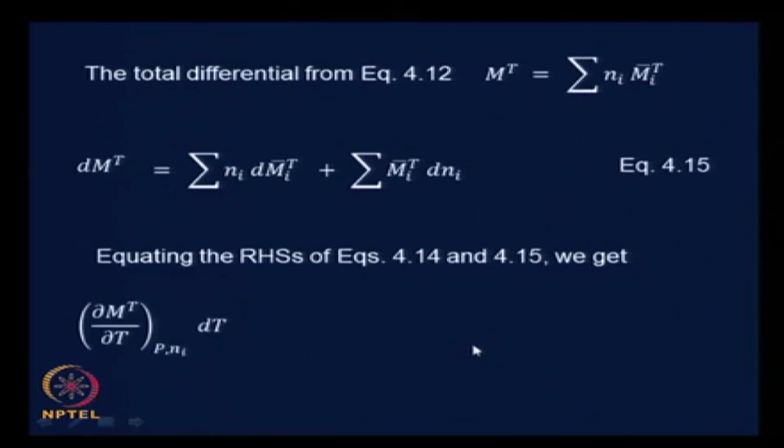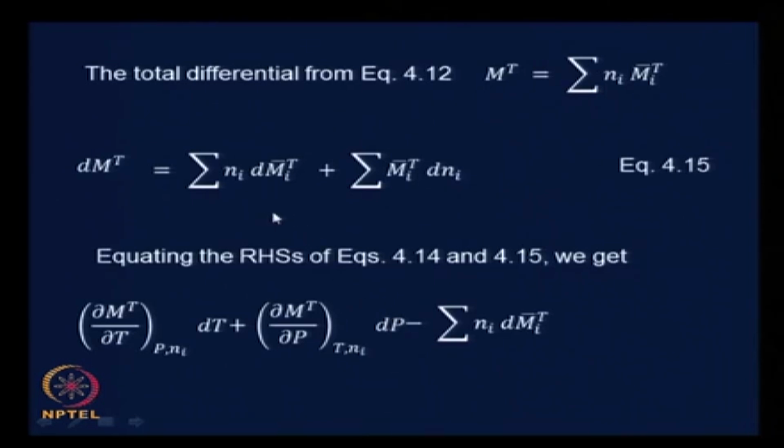You should have gotten ∂Mt/∂T at constant P, Nᵢ dT, the same term as earlier, plus ∂Mt/∂P at constant T, Nᵢ dP, again the same term as earlier, and what does not cancel gets transposed to give minus the summation of Nᵢ dM̄ᵢ. Therefore, ∂Mt/∂T at constant P, Nᵢ dT, minus ∂Mt/∂P at constant T, Nᵢ dP, plus the summation of Nᵢ dM̄ᵢ equals 0.